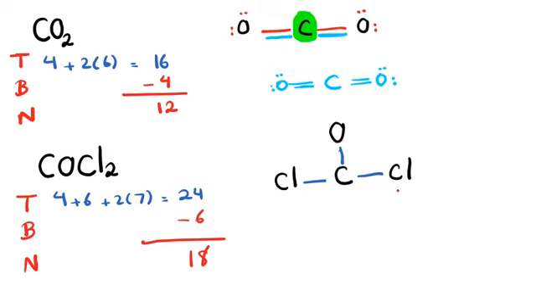I need to add 18 electrons to the terminals. No hydrogens, so I can easily add 6 electrons to each one. As you see here, I used all the electrons.